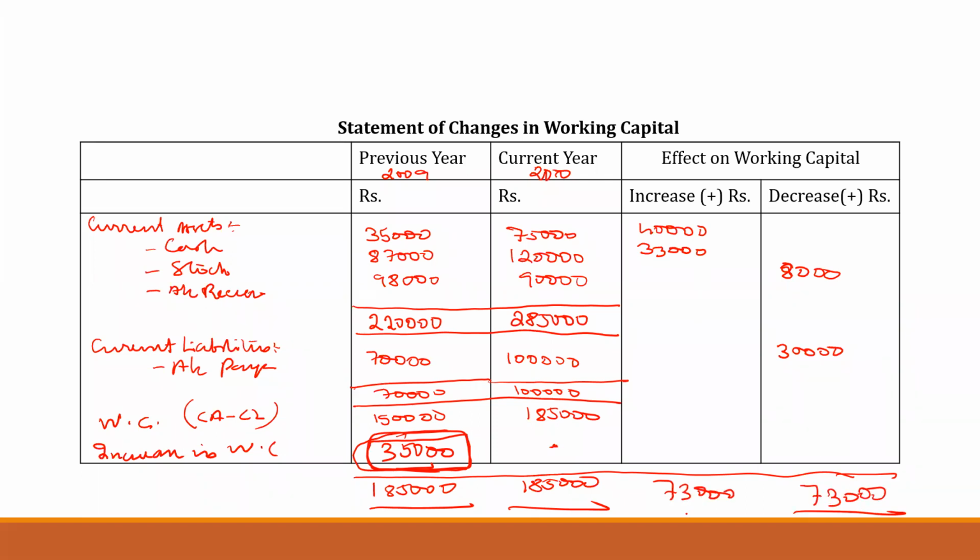We'll write it over here also. Which side is less? Decrease. Here we just write 35,000.